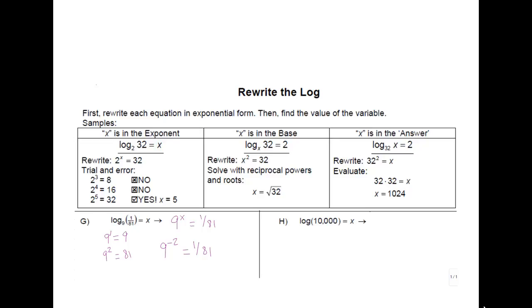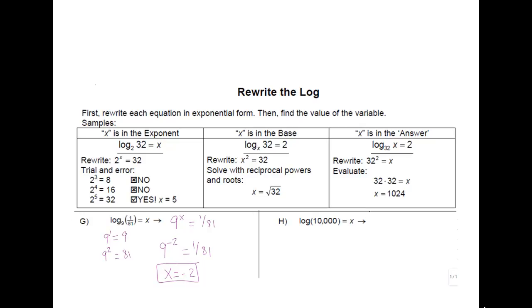That would mean that 9 to the negative 2 power would be 1 over 81. Anytime that you have a fraction like this, it would just be a negative of the exponent. That would give you the number. So the answer would be x equals negative 2.